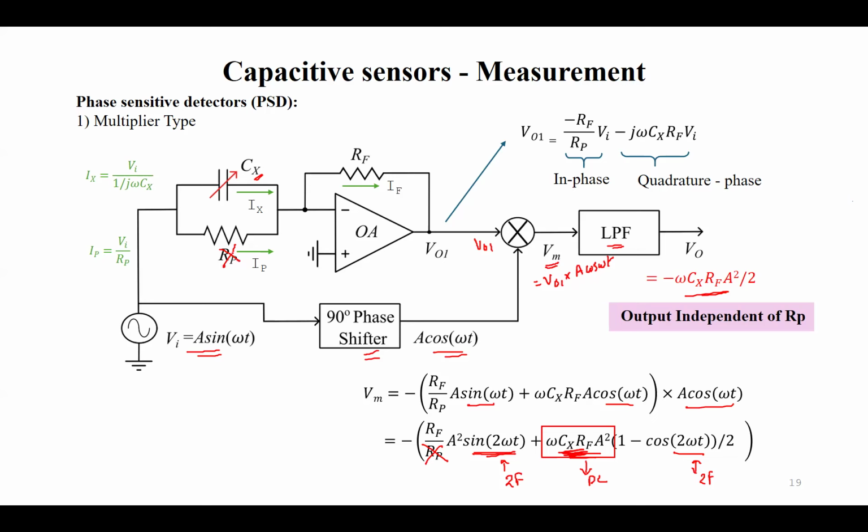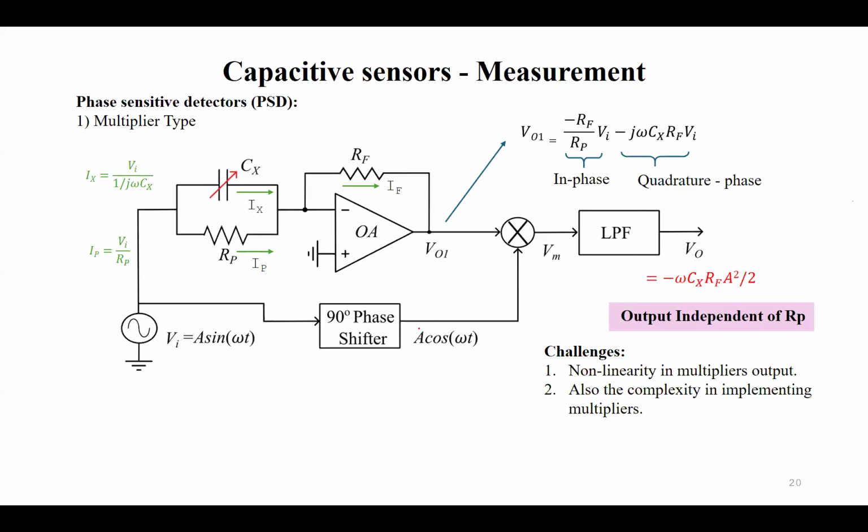So even if the leakage resistance changes due to temperature, or due to the presence of some conductive element between the metallic plates, only the change in the capacitance can be measured using this multiplier type PSD. So it's a direct and a very effective method, independent of the value of RP, right? So this is the multiplier type PSD.